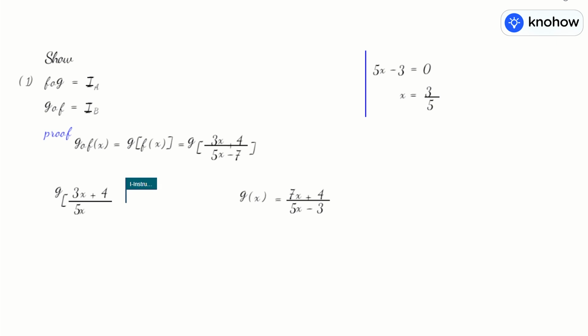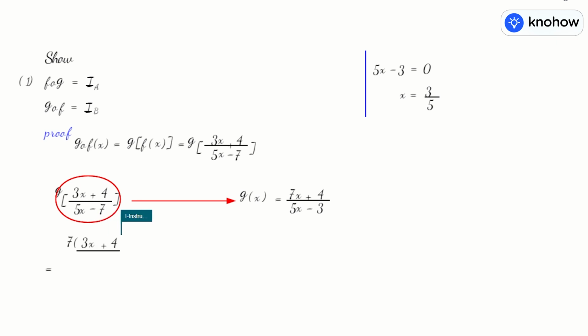And now to apply G image of this, you replace x by (3x plus 4) divided by (5x minus 7) in the definition of g(x) to get 7 times (3x plus 4) divided by (5x minus 7), plus 4, the whole divided by 5 times again the same (3x plus 4) divided by (5x minus 7), minus 3.